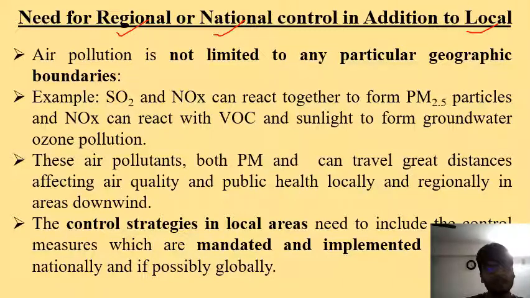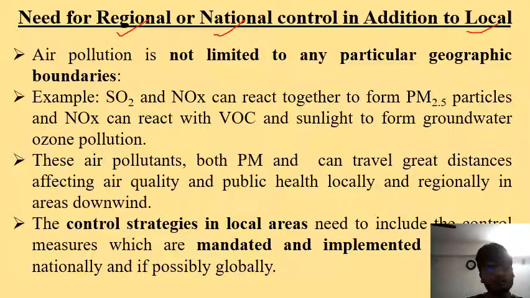discussed this. When we were dealing with air pollution, I already told you that air pollution does not have a particular boundary. It is not limited to any particular geographical location. An example is that SO2 and NOx can react together to form PM 2.5, and ultimately it can react with volatile organic compounds to form ground-level ozone pollution.